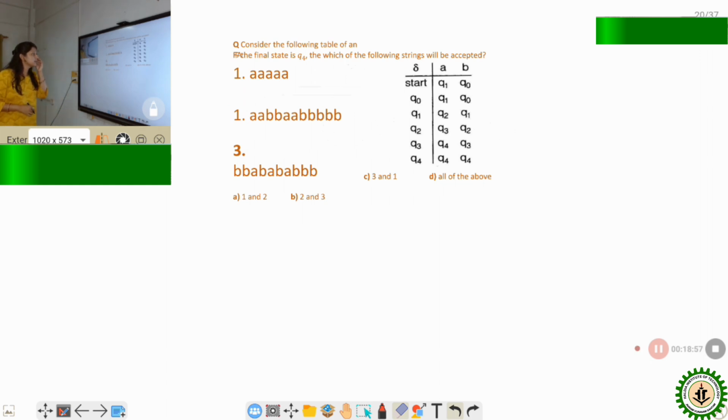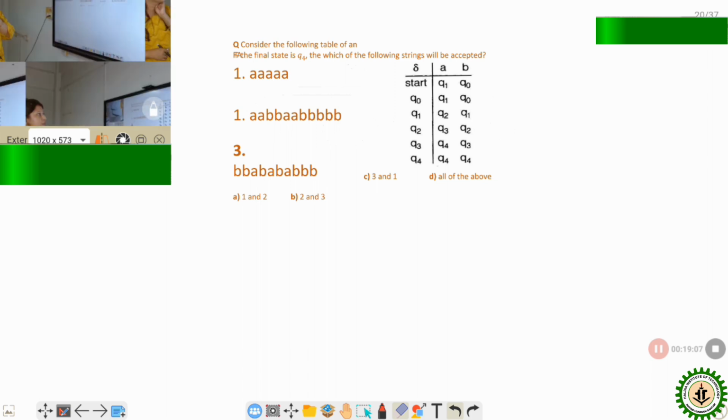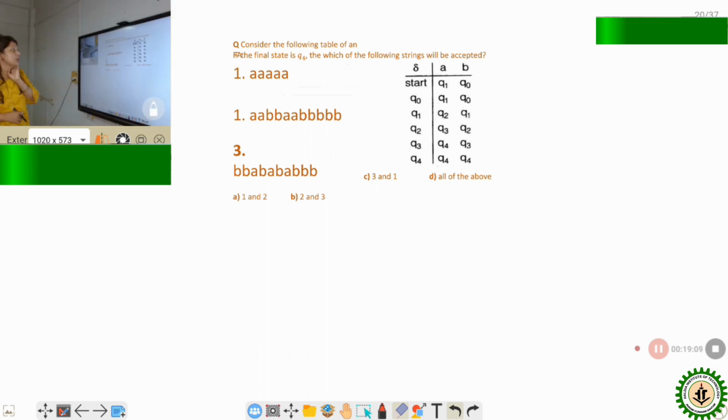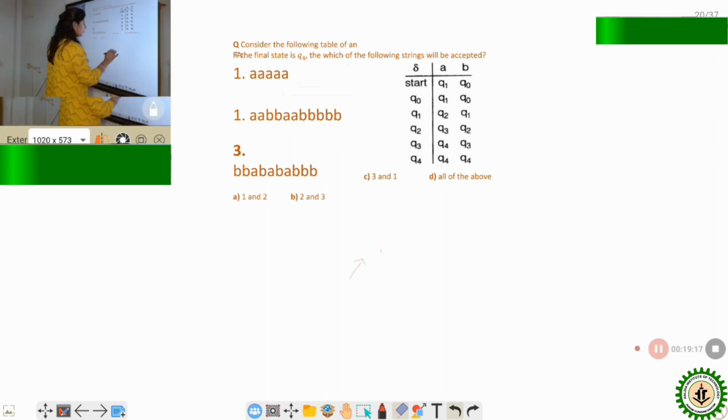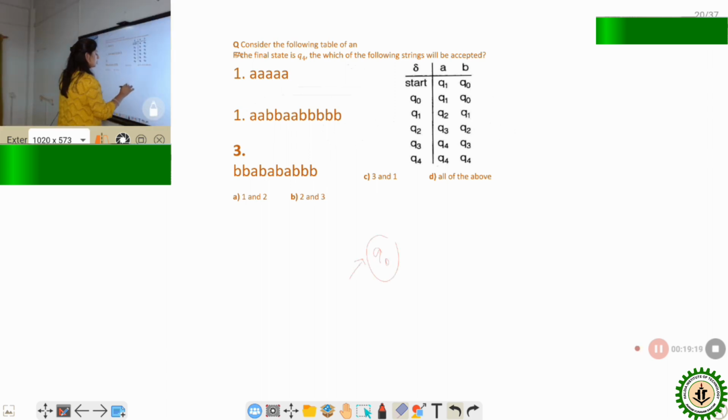Now again, this is another question. Consider the following table of a DFA. The final state is Q4, and which of the following strings will be accepted? We can solve this question by drawing the state transition diagram. So this is Q0.